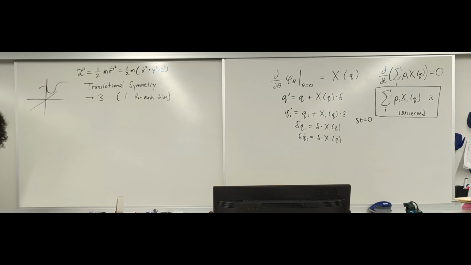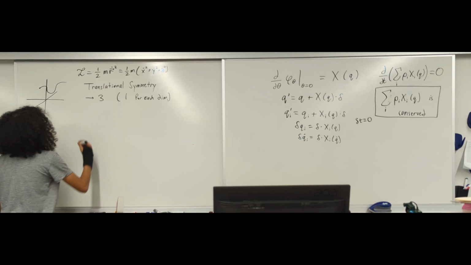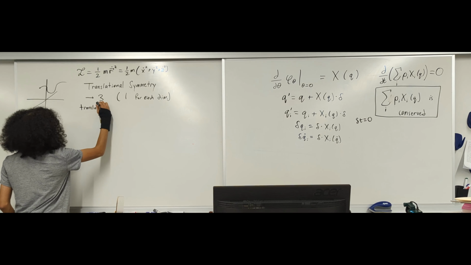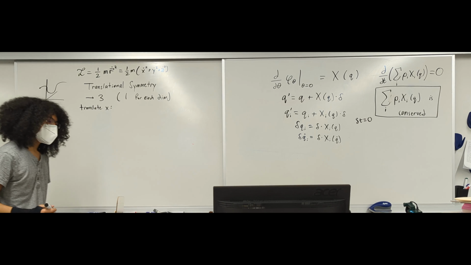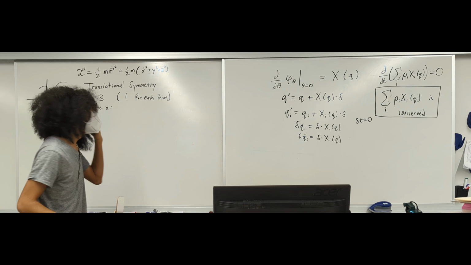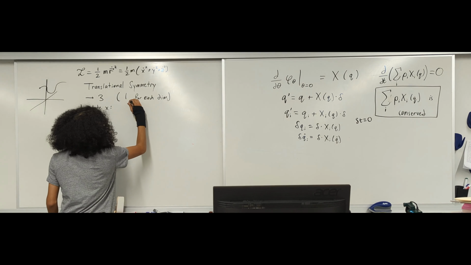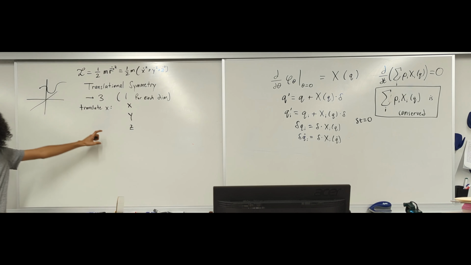Okay, so let's go through them one by one. We can translate along the x direction. What we're going to do is look at the coordinates that describe the position of the particle and how they each transform under a certain translation.